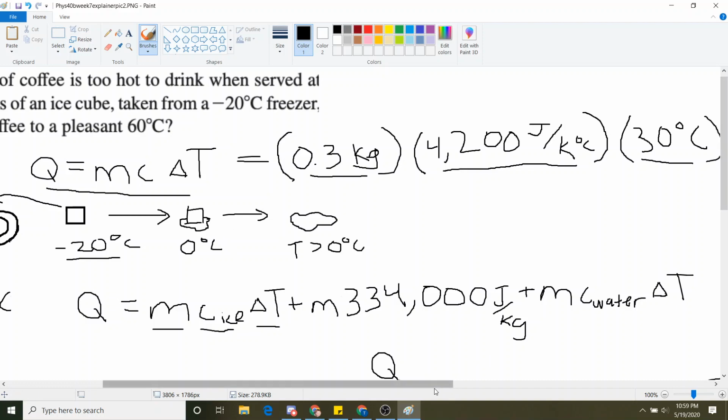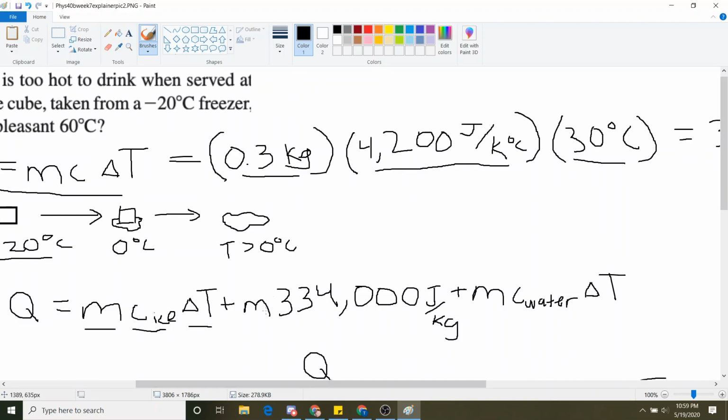That's essentially what it means to melt the ice cube, and this is how much energy it takes to melt a single kilogram of ice. So this is the energy to increase the ice cube from negative 20 degrees Celsius to 0 degrees Celsius.